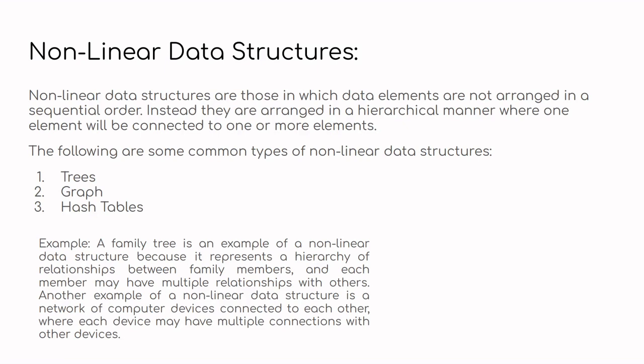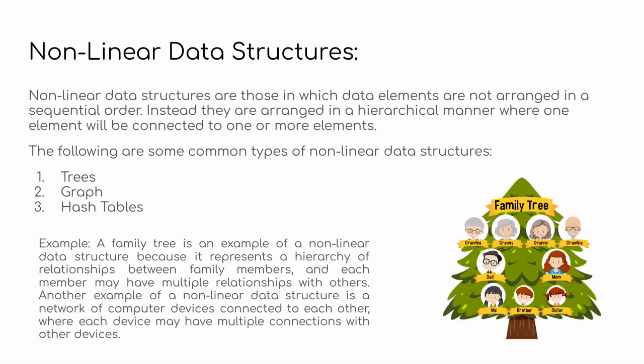Some of the common types of non-linear data structures are tree, graph, and hash tables. For an example of non-linear data structures, we can understand it using a family tree, where we can have grandparents, then parents, then children. One more example is a computer network.